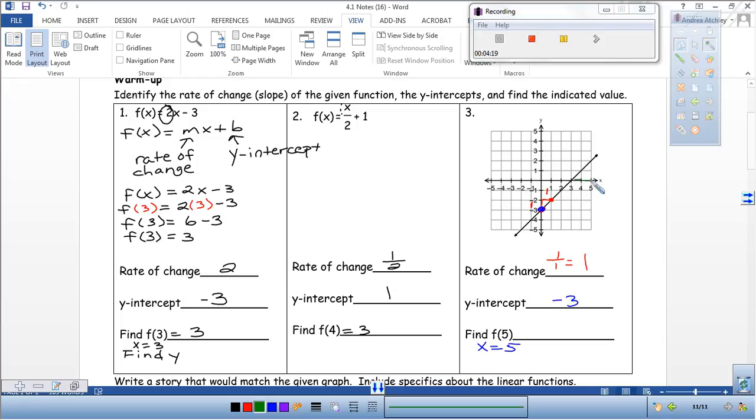And x is 5 right here. Then you're going to go up to see what point that is. And that point is 5 for x and 2 for y. So f of 5 is 2. Any questions over that? We're all good? Okay.